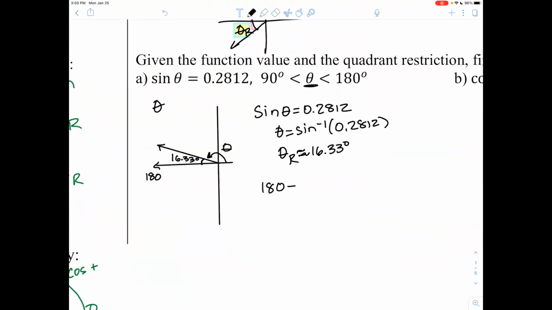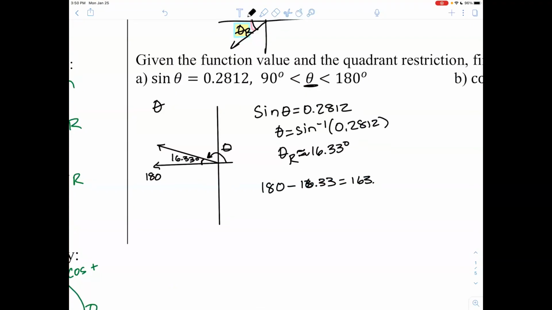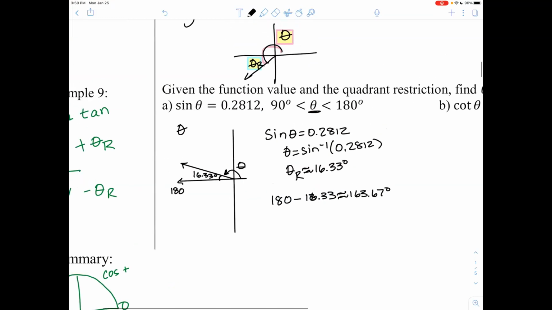So our answer here would be approximately 163.67 degrees. And there you have it.